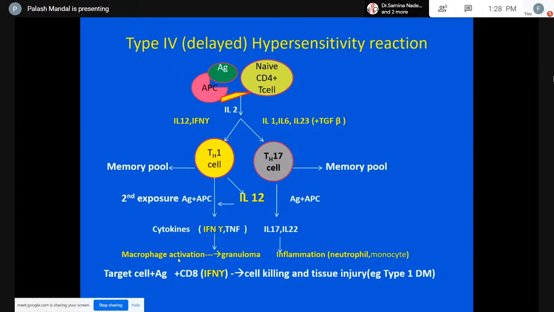So macrophage, before phagocytosis, has to acquire some power to kill that thing and then eat it up. Okay, so that particular power is given by these cytokines, the principal cytokine being interferon gamma. And macrophage activation can lead to formation of epithelioid cells.